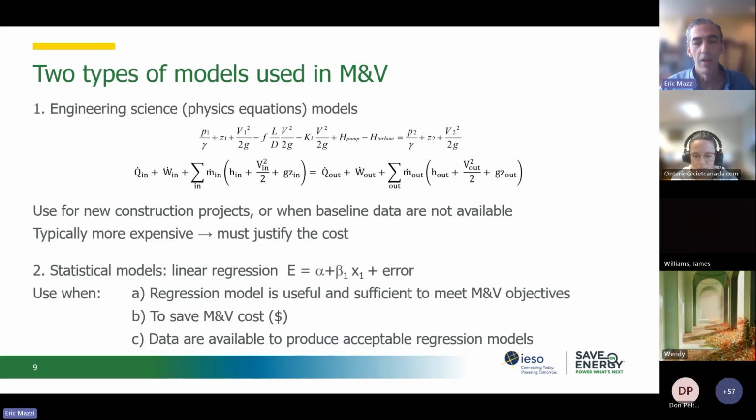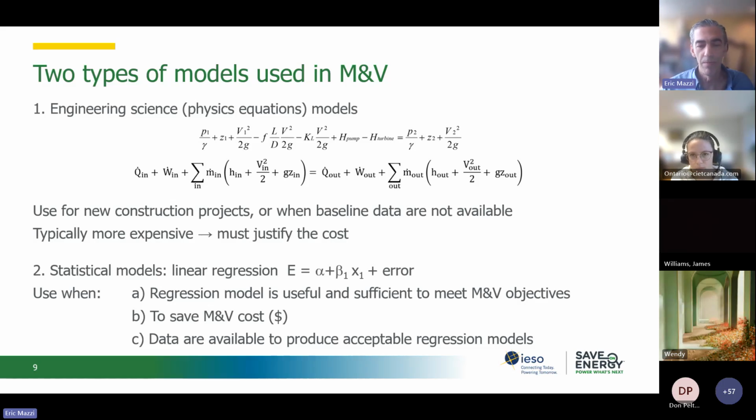When do you use these models? Well, new construction projects or when baseline data are not available. It tends to be more expensive and you need to justify the cost.